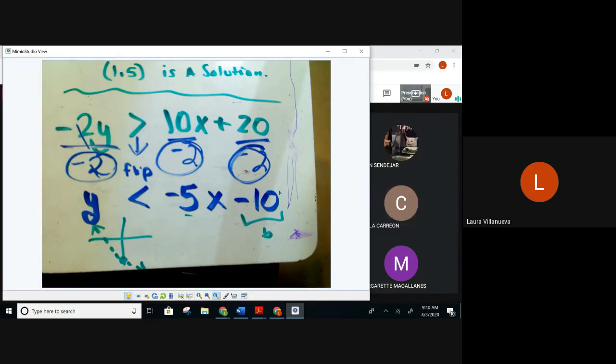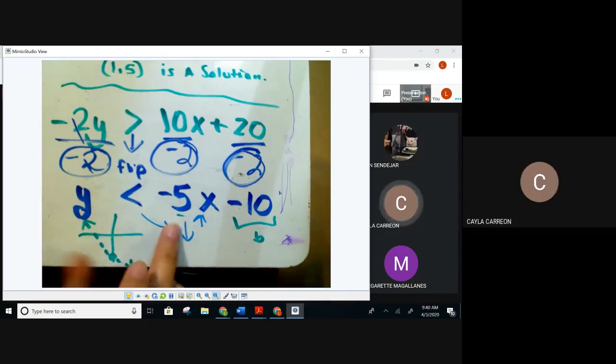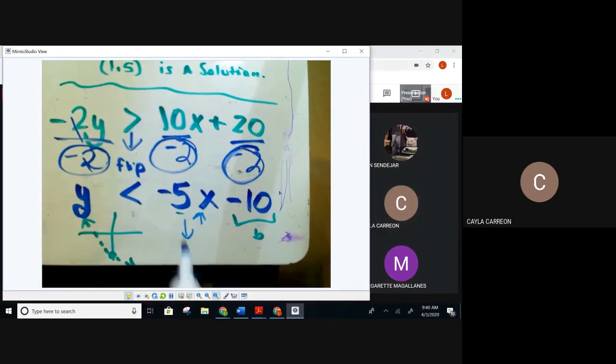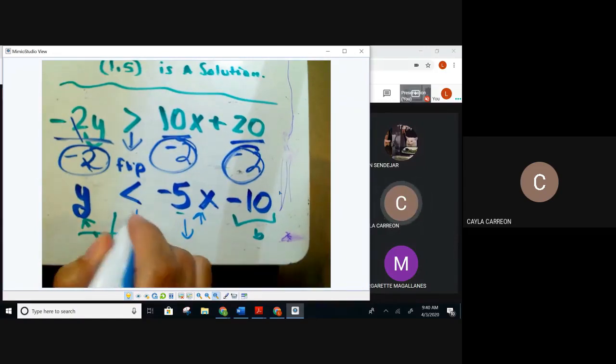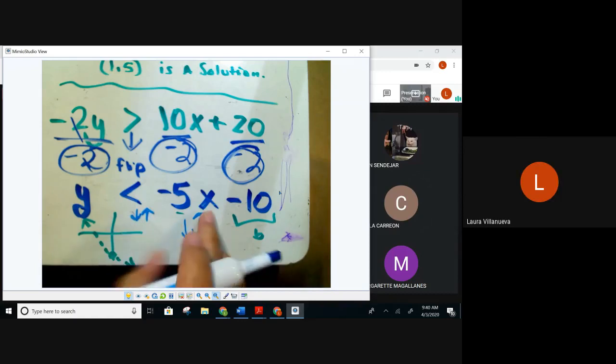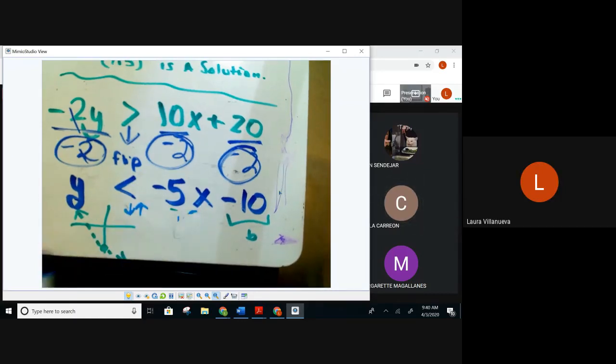And lastly, you're going to check if this is up or down. Are you going to shade on top of the line or in the bottom of the line? This is the last thing you're going to look at.